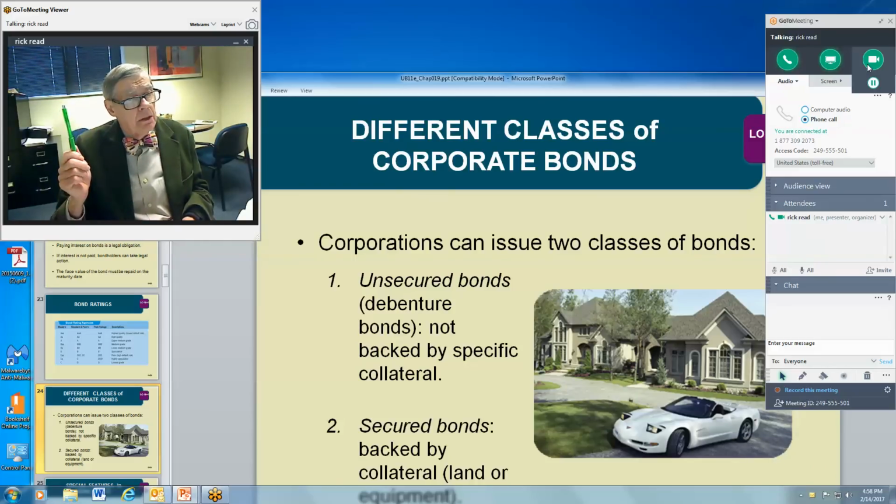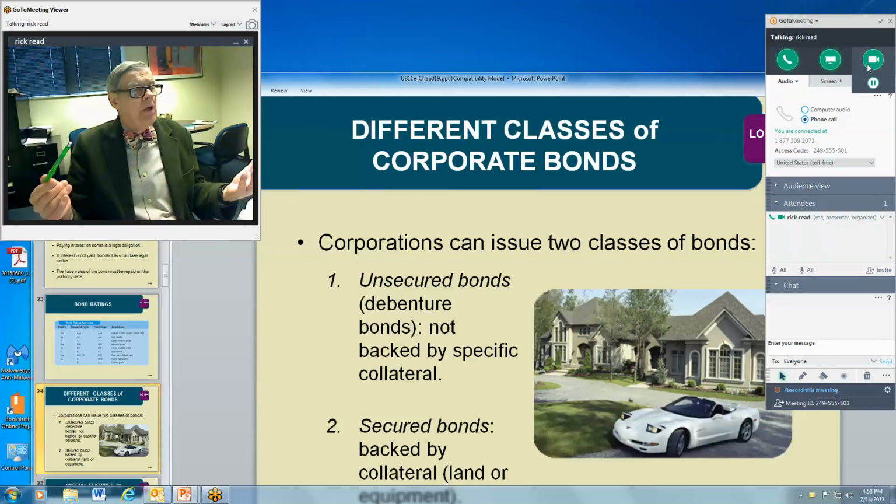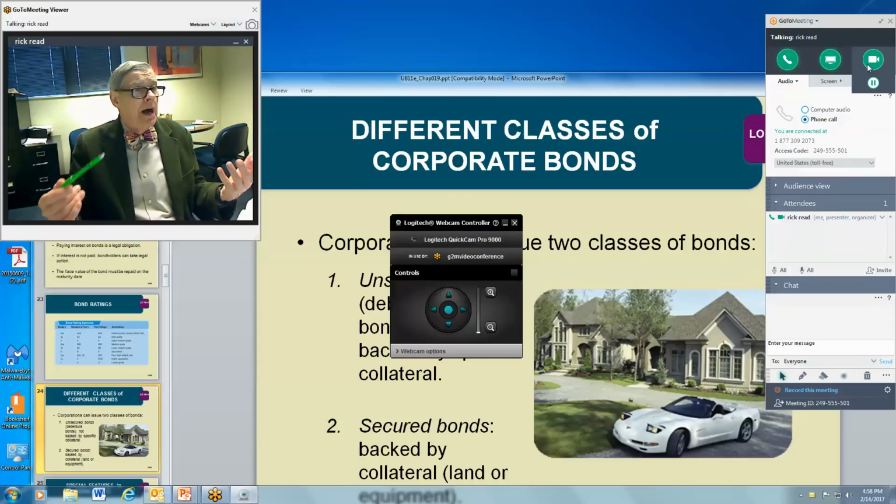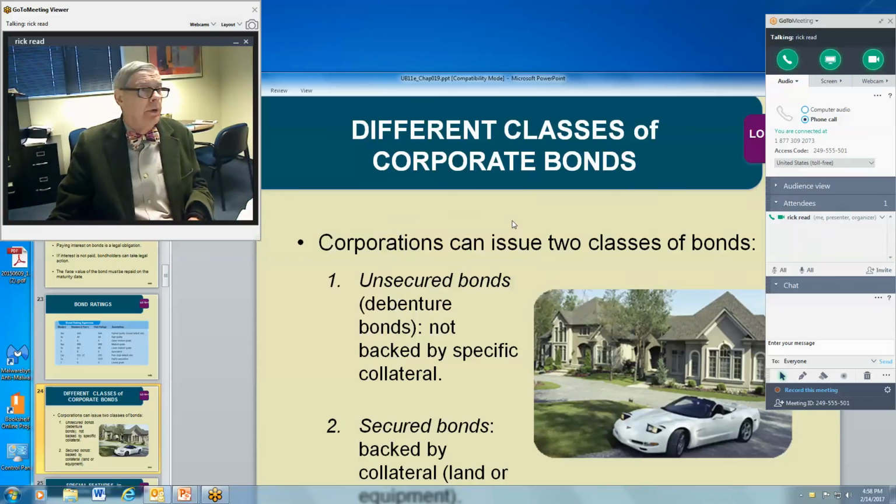Collateral is something like land or buildings or machinery or something of that nature. With an unsecured bond, what this really boils down to is you're getting a bond based upon your name, your character, your reputation, etc. And then a secured bond is just the reverse.